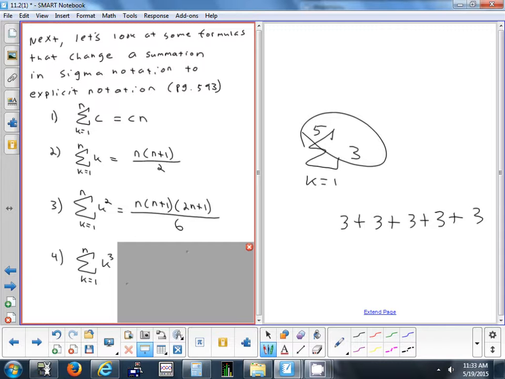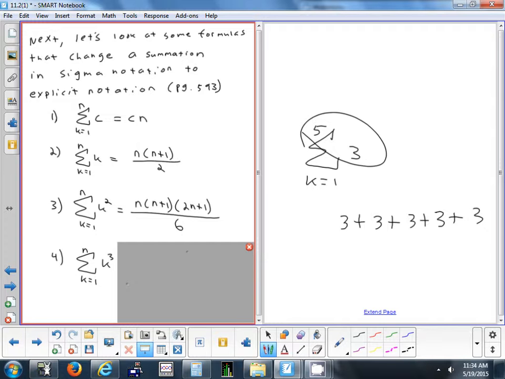That's a cubic pattern. If you were to distribute all this out, you'd have n cubed as one of the terms in the top. Well, actually, it'd be 2n cubed.